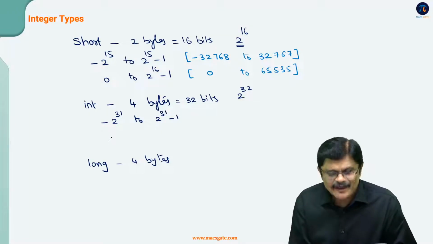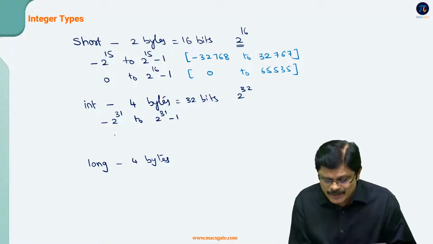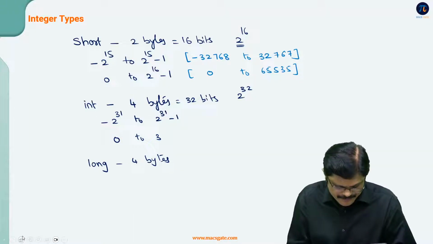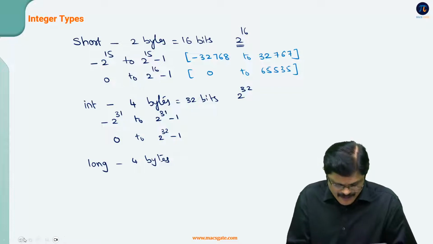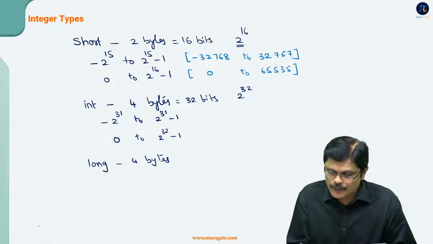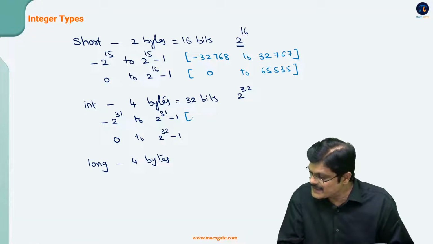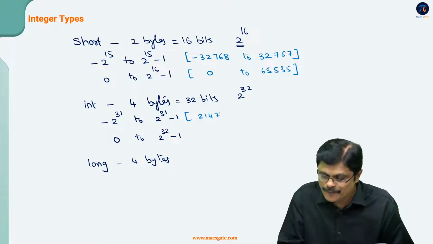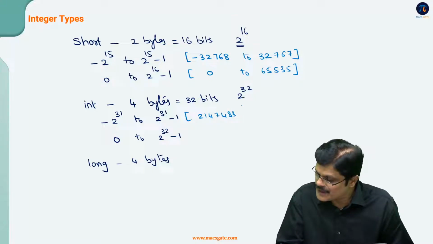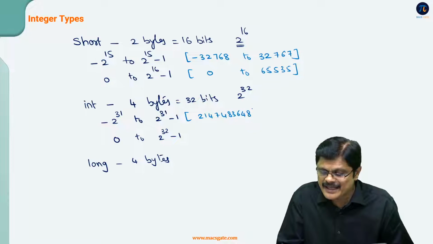And when you go for only non-negative numbers, you can encode from 0 to 2 power 32 minus 1. If you want to note these numbers, 2 power 31 is 2147483648. Even I do not remember this. Whatever my calculator is saying, I am writing.